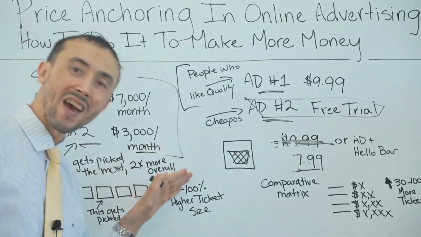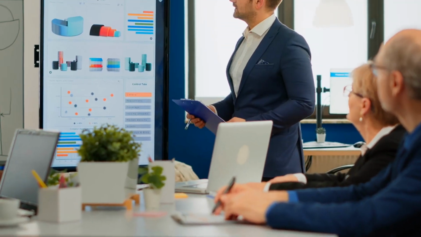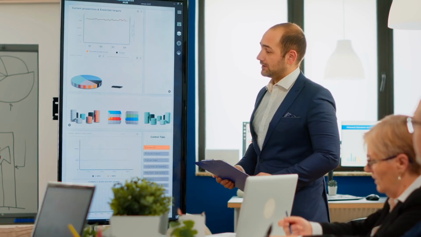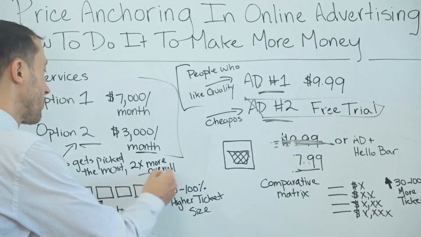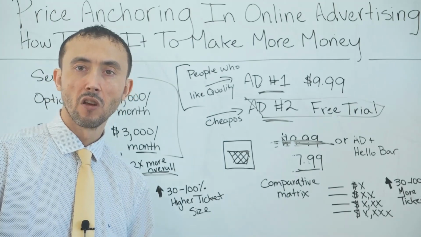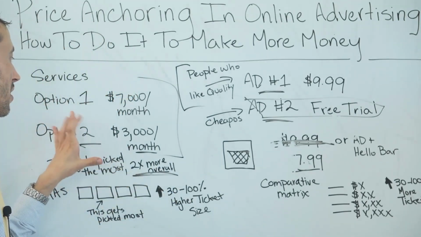But more important than that, it's going to get people to say yes more often. You're going to increase your closing rate on the quotes that you're giving, a much higher percentage. We're talking massive numbers, converting twice as many deals when you have a price anchoring situation like this.